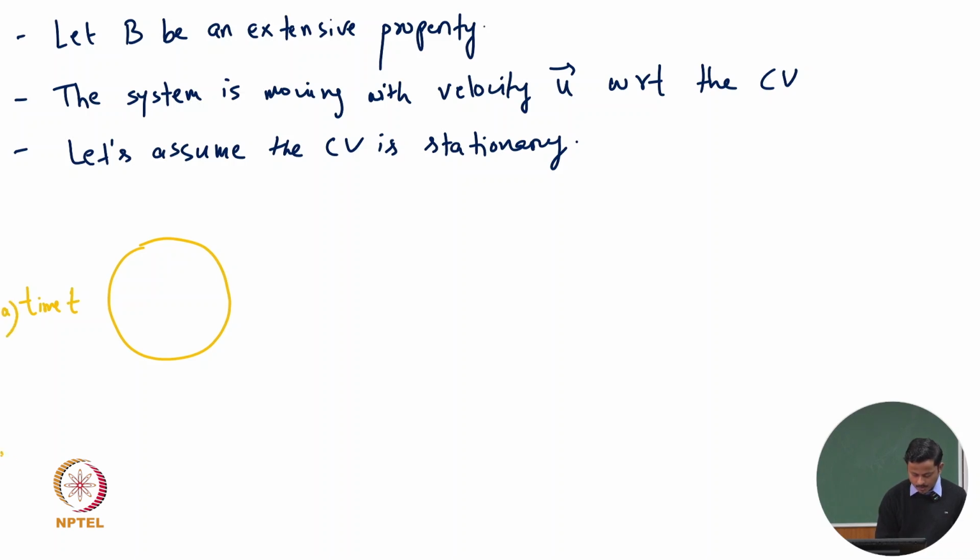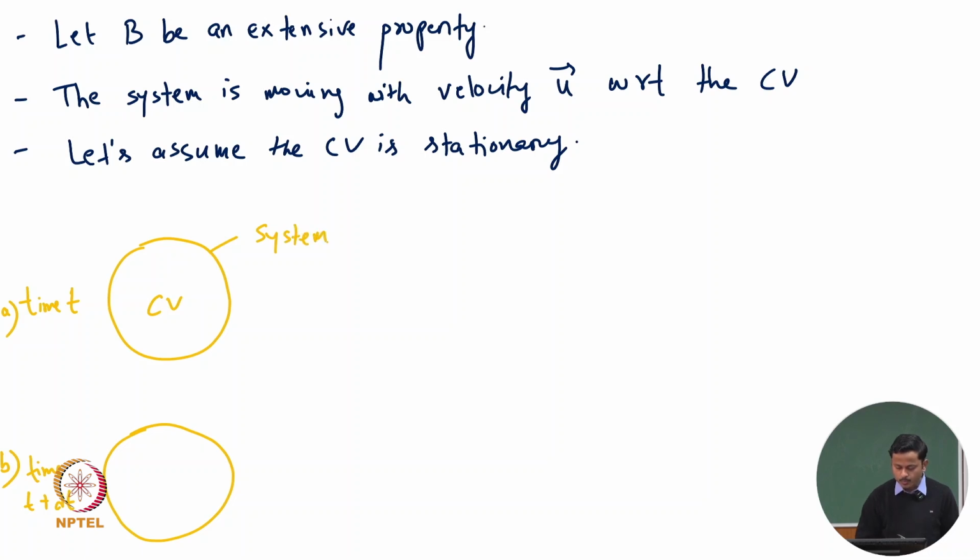So this is the system at time t, and this is time t plus dt. At time t, we had a control volume and a system which were in the same position.